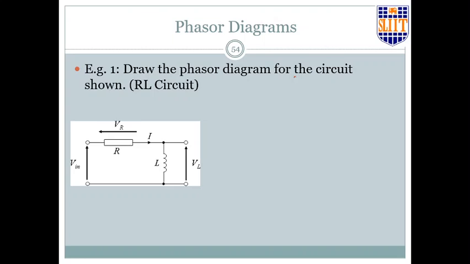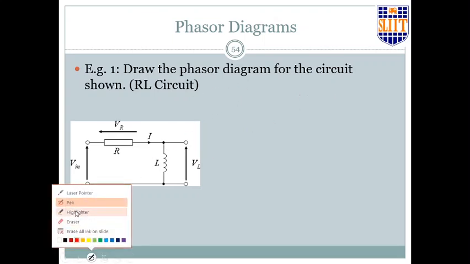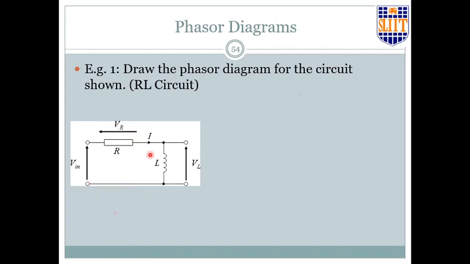Okay, phasor diagrams. Now we had those phasors earlier, right? We drew the phasors for each component, that is for resistors and capacitors. We actually saw how the voltage and the current interrelate. So now we will take one by one of these and try to combine a circuit together.